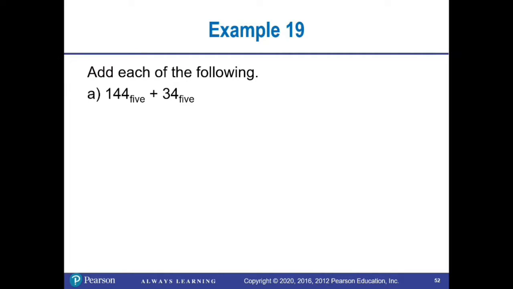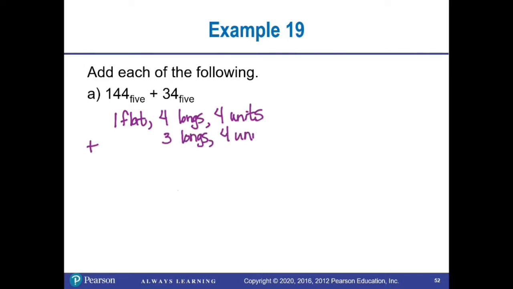Here we have 144 base 5 plus 34 base 5. Now 144 base 5 we can write as 1 flat, 4 longs, and 4 units. 34 base 5 we can write as 3 longs and 4 units, similar to what we did with base 10.